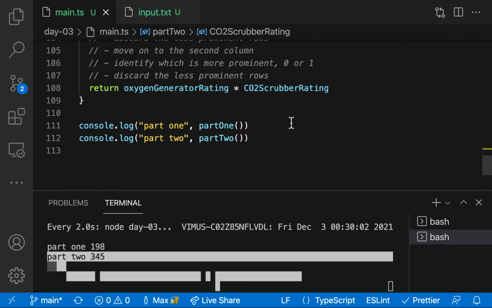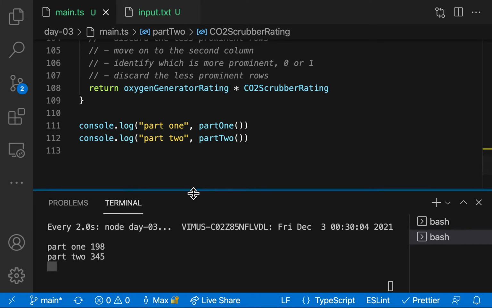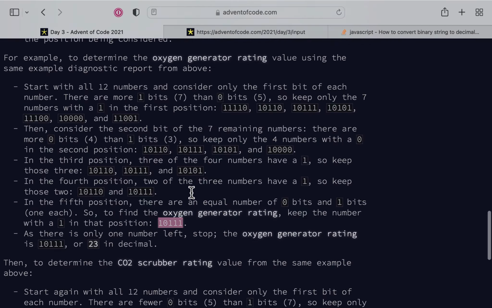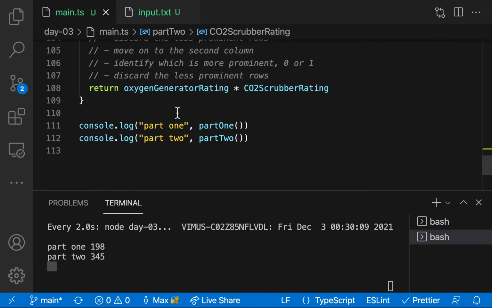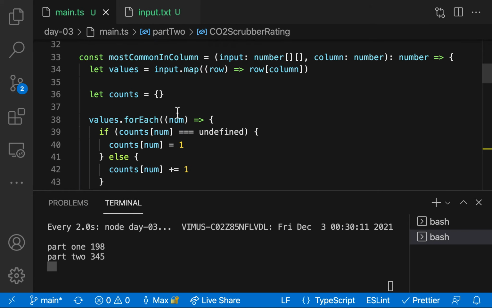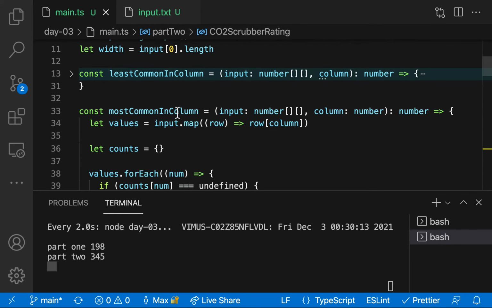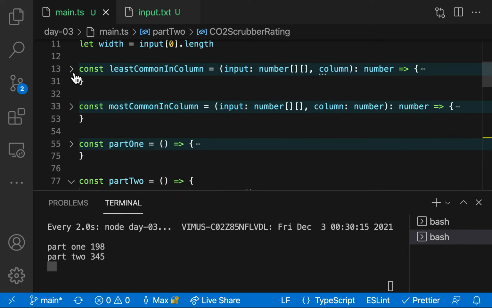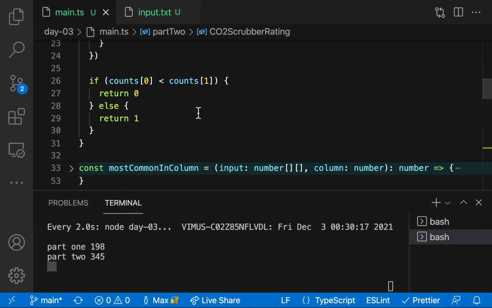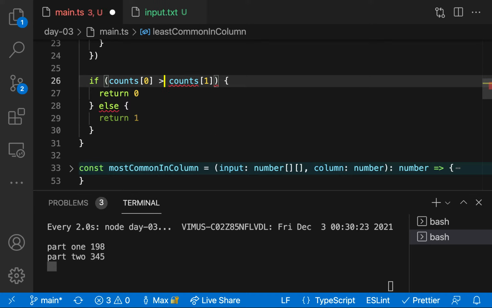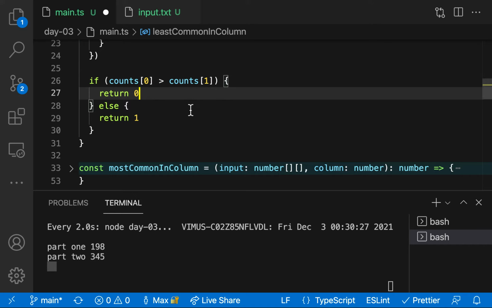And I think that the only thing left to do, well, let's see, so we get 345, which is not right, and I think that we just need to make sure that we have the right tie-breaking logic here, which we probably don't. Right, so let's say if counts 0 is greater than counts 1, then we want to return 1, which is less.